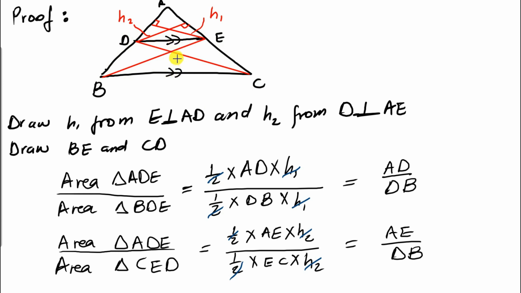And since they lie between parallel lines, they will also have the same height, and they will also have a common base. What is their common base? DE. Can you see that? That's if you draw their height like this. This is something that we proved in the previous video where we spoke of areas of a triangle.